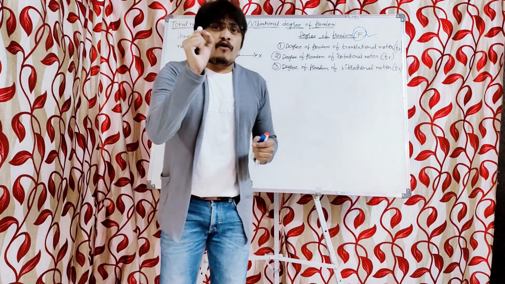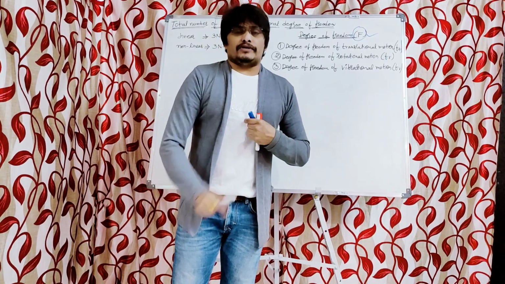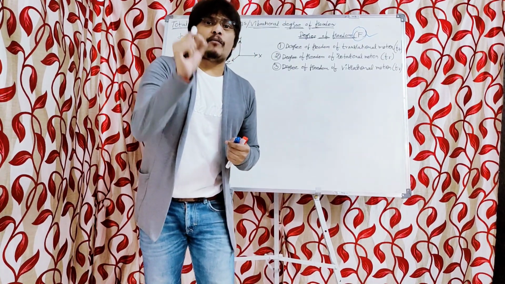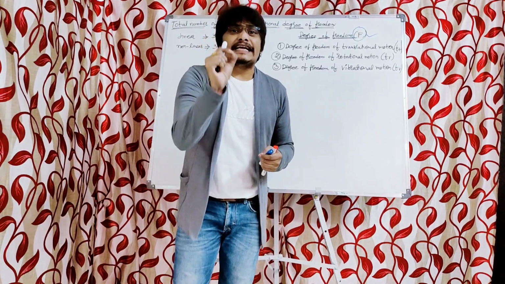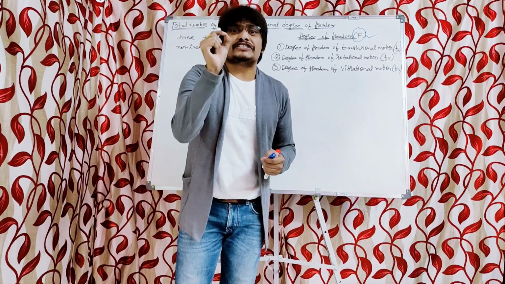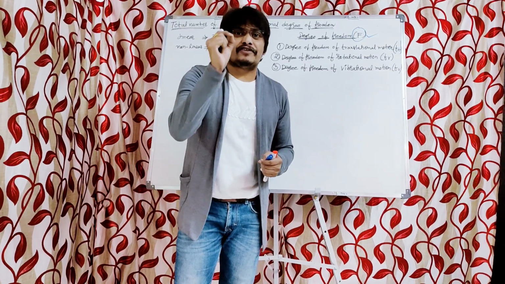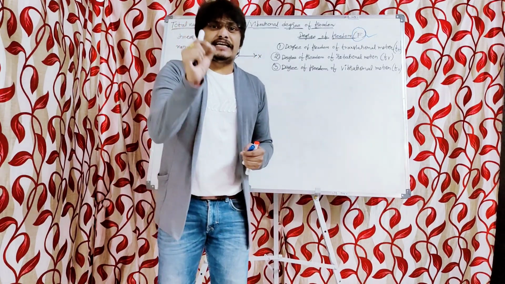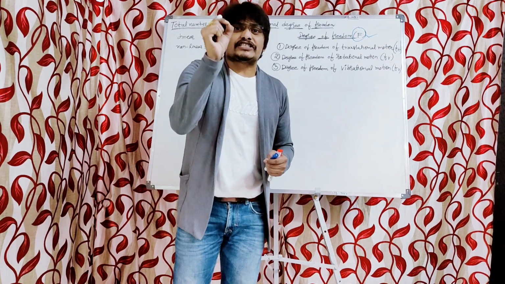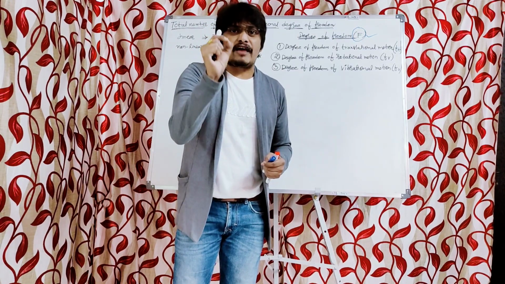The degrees of freedom are of three types. The first is the degree of freedom of translational motion, represented by Ft. The second is the degree of freedom of rotational motion, represented by Fr.